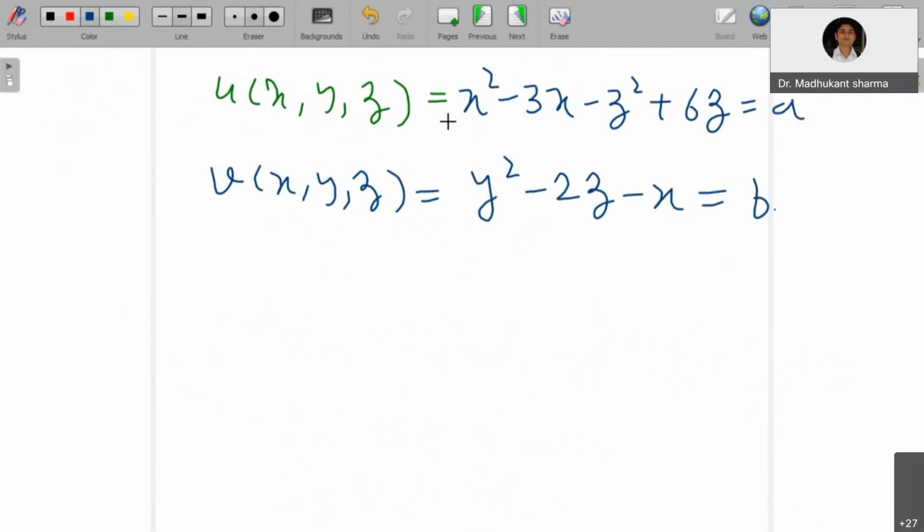Now, they both will pass through that circle. So you have to substitute x equal to 1 plus cos t, y equal to sin t, and z equal to 0.